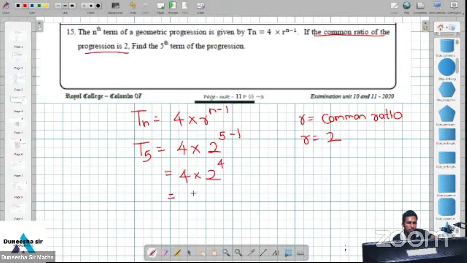Okay, 2 to the power 4, how much? 2 multiplied by 2 is 4, 4 multiplied by 2 is 8, 8 multiplied by 2 is 16. Then 16 multiplied by 4 is 64. Okay. Can you get the answer?